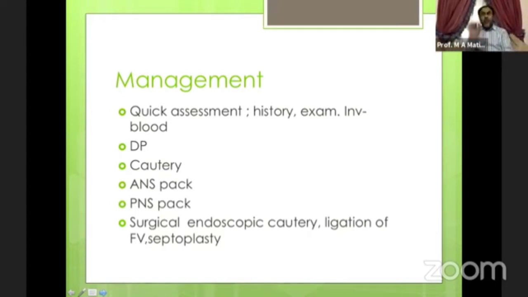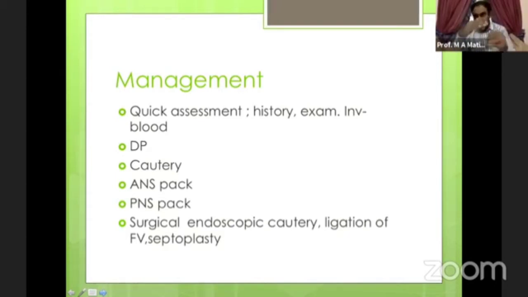So the first thing is a quick assessment of the patient. If the patient is stable, take a quick history: whether the patient has had any trauma, is taking any drugs, or has raised blood pressure or is a hypertensive patient. So this is very quick. And then just quickly assess the patient, and you can send blood for coagulation screen, send blood for group and plasma, and then you try to stop the bleeding.